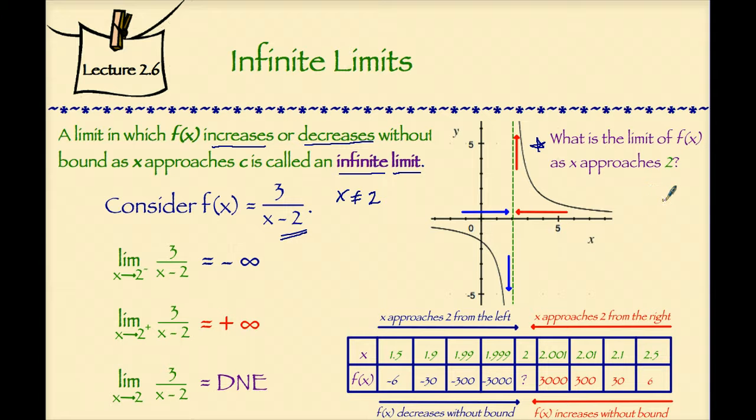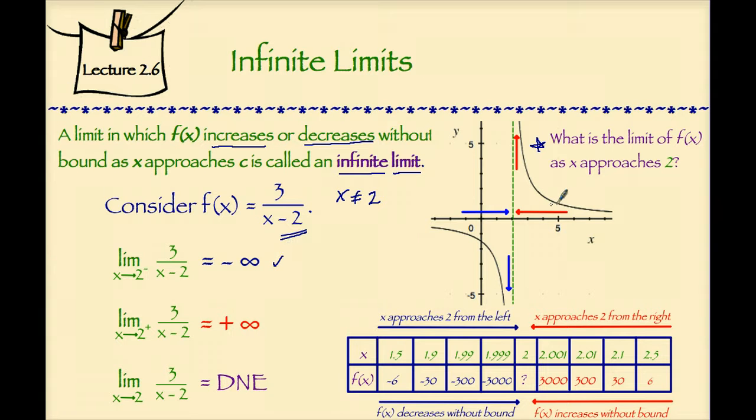To determine the answer to this question, we're going to look at the left-hand and the right-hand limits of this function. As x approaches 2 negatively, we can see that the function exhibits unbounded behavior toward negative infinity. Therefore, the limit as x approaches 2 negatively of 3 over x minus 2 is negative infinity.